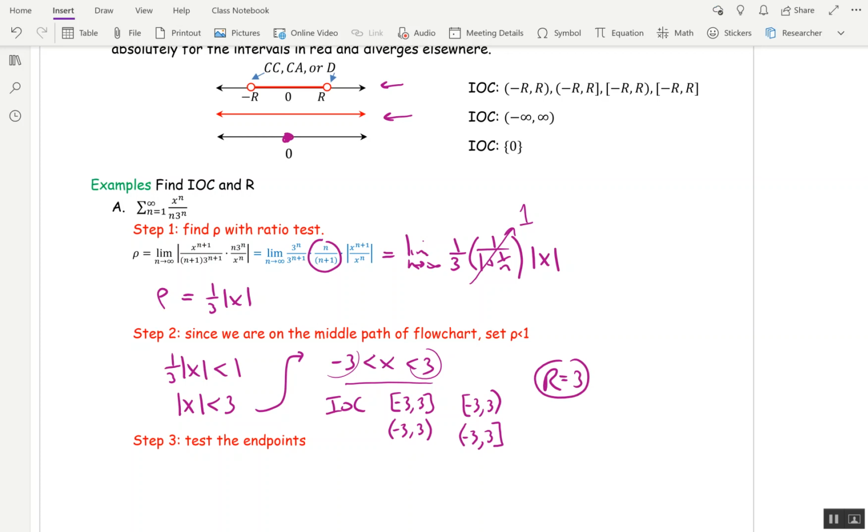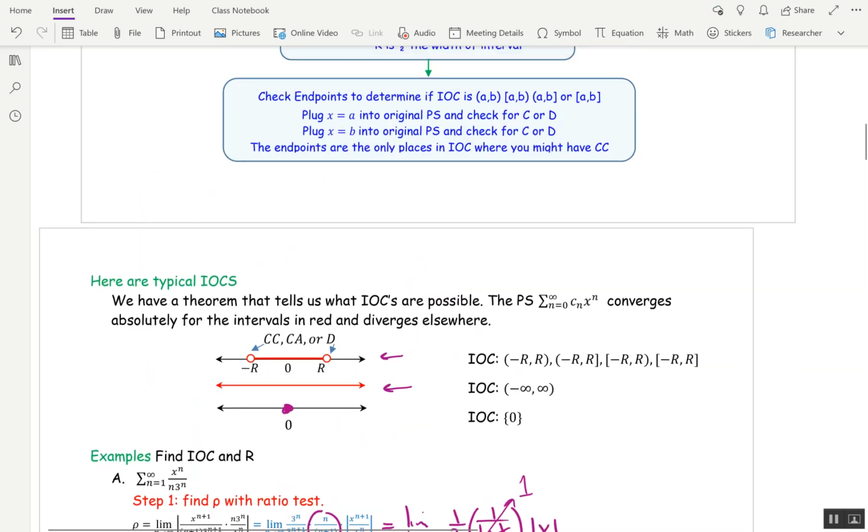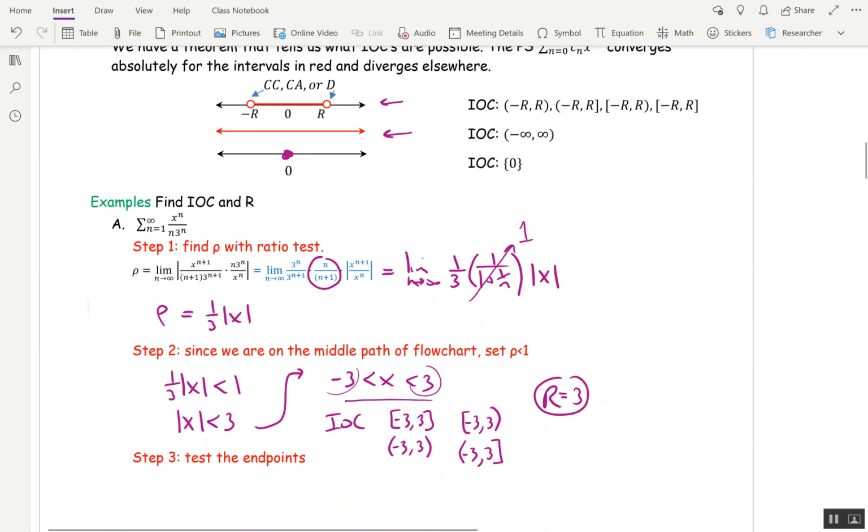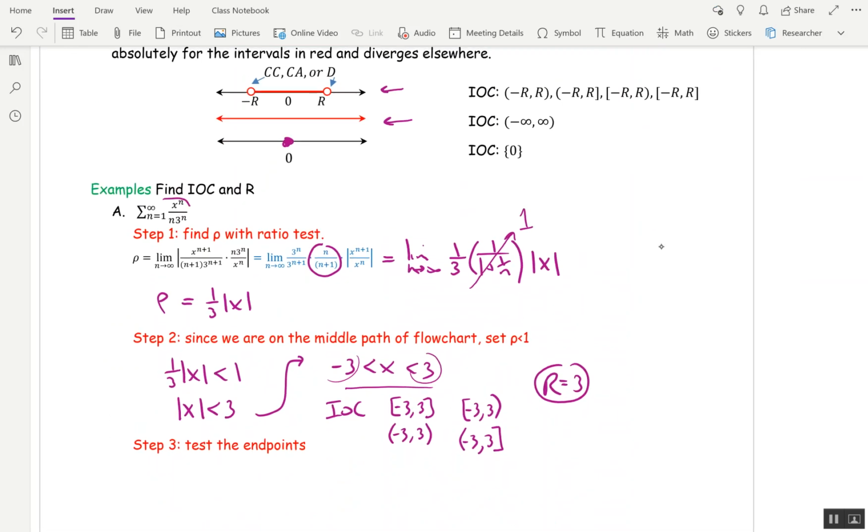Now to determine which of these four possibilities I have for the IOC, I need to test the endpoints by hand. And so let's just look at our flow chart. Check the endpoints to determine if the IOC includes them or not. So the way you do that is you literally plug the endpoints into the original power series up here to see if the series converges or diverges.